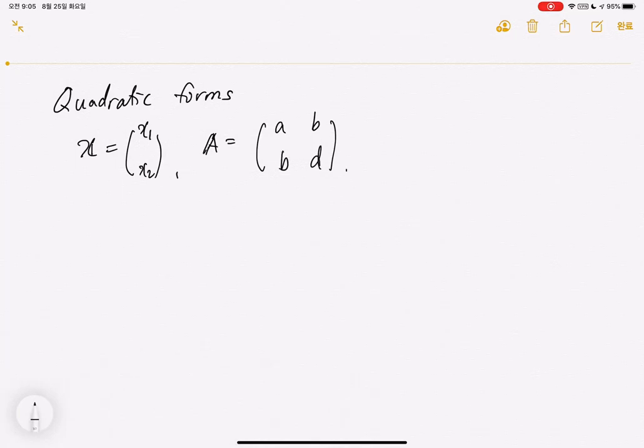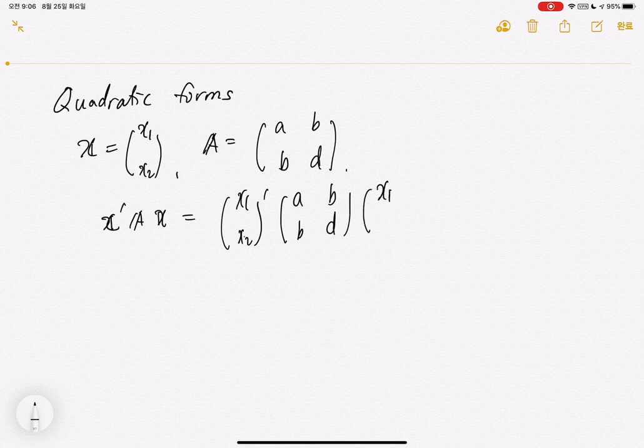Okay. Then a quadratic form has the following form. Your x prime A x is a quadratic form. What is this? This is x1, x2 prime, A, B, B, D, and x1, x2.